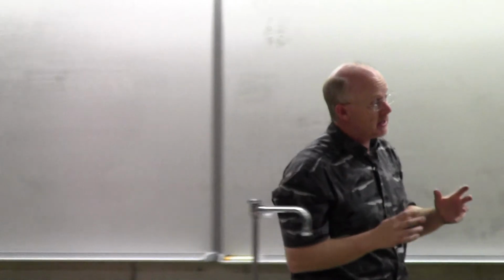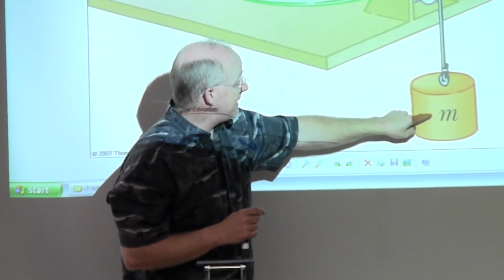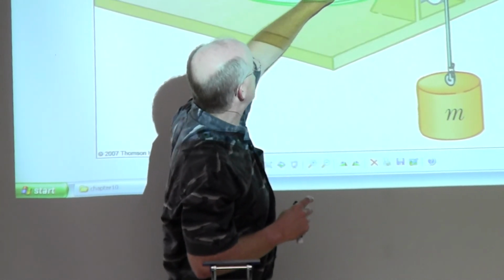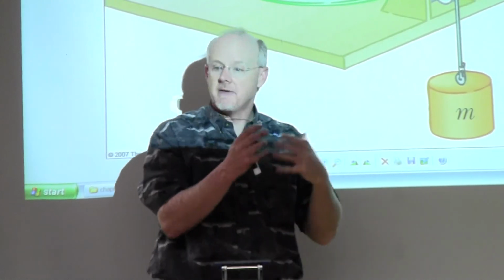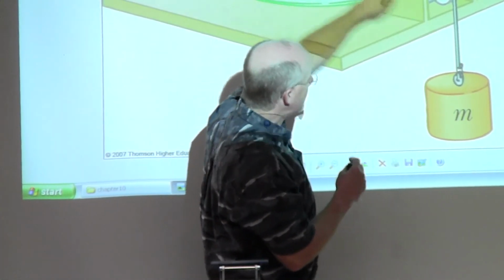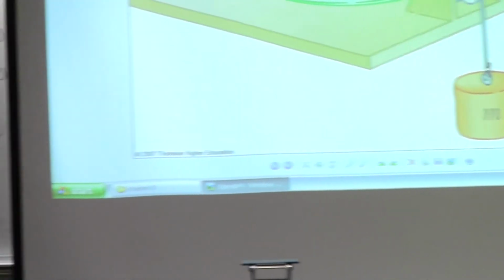Because if I want this v to be the same as this v, what I am saying is, if this is the v of this one, then this would be the speed of the string. The speed of the string would be the speed of the points tied to here, so that must be the radius of those points. It's not the radius of this one or this one or this one, it's the radius of where that string is wrapped around.